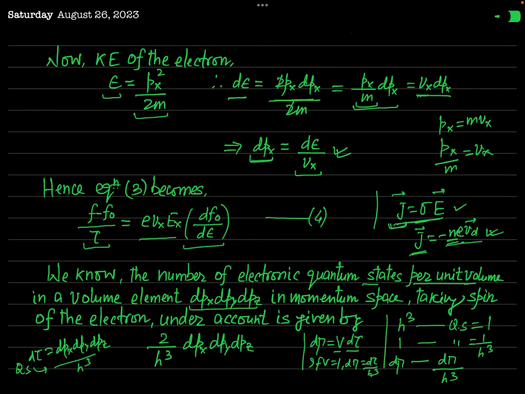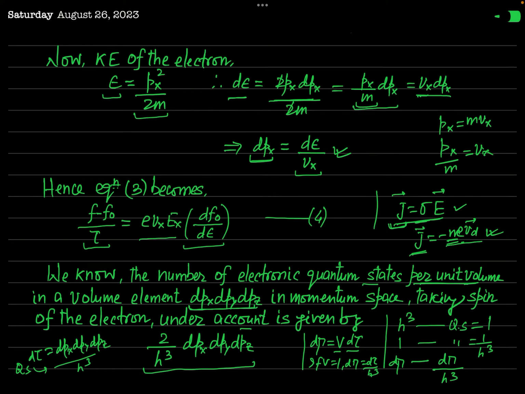Mark this: when you say per unit volume, it means per unit volume in physical space, in geometrical space, where the volume is measured in meter cube. And the volume element in momentum space is dpx, dpy, dpz. Taking the spin of the electron into account, you have to multiply this by a factor 2.